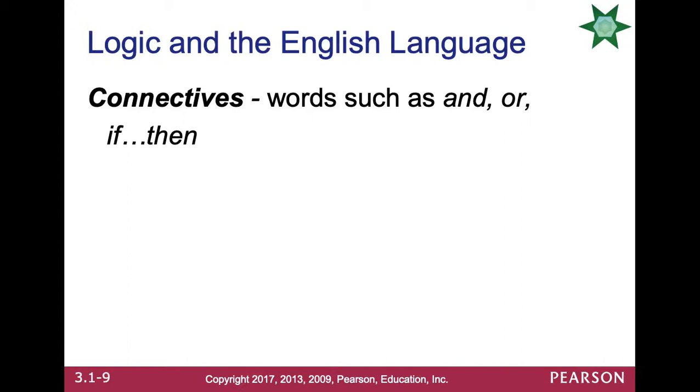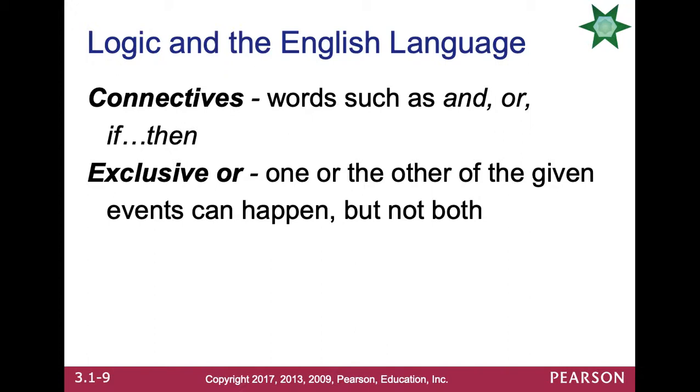And one thing I want you to think about as we're talking about this is, how does this connect with the unit that we've just finished up on sets? For example, what would be an and in sets? What would be an or in sets? So now there's a couple types of ors that we need to deal with. An exclusive or, either one or the other given events can happen, but not both. I can go to Florida or Arizona, but I can't go to both.